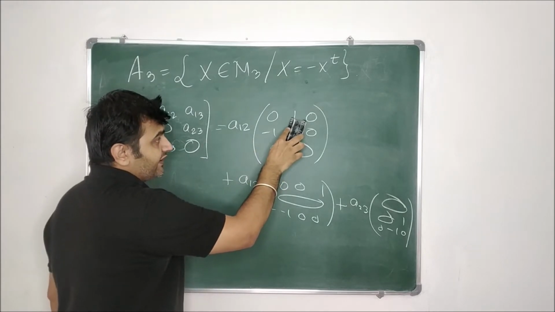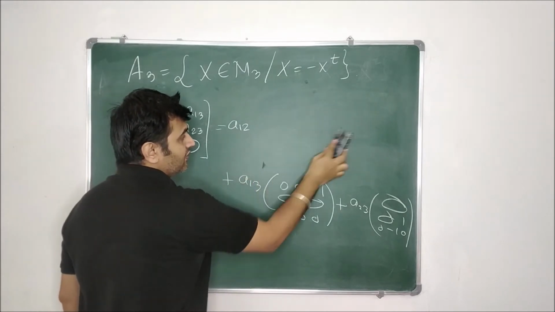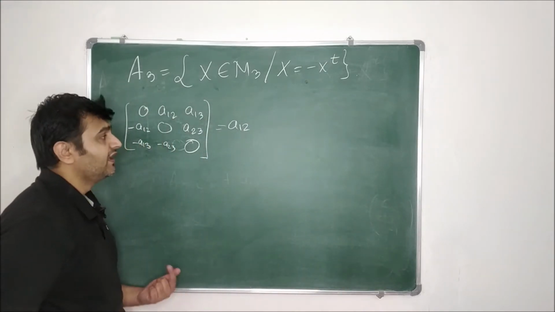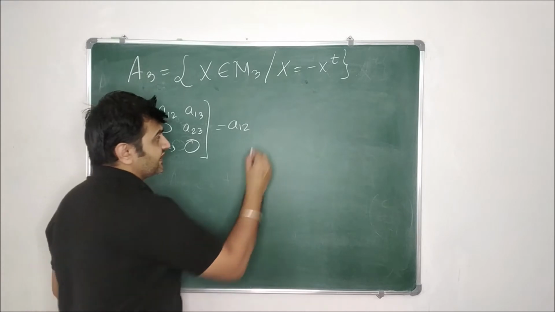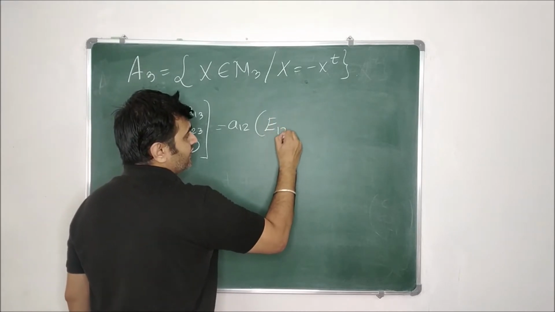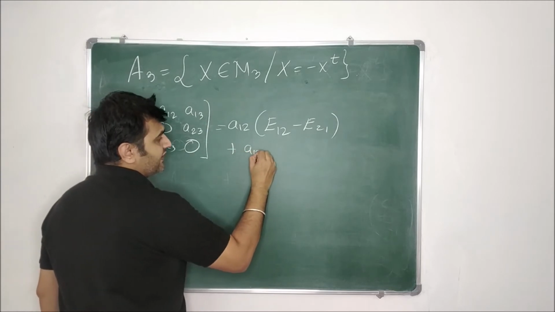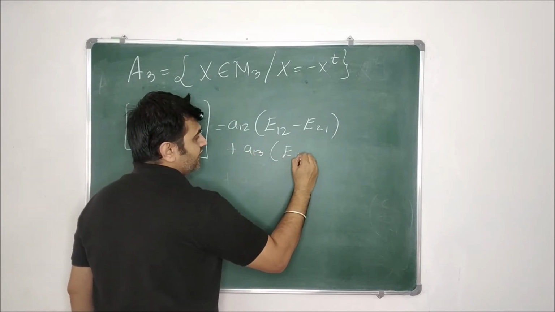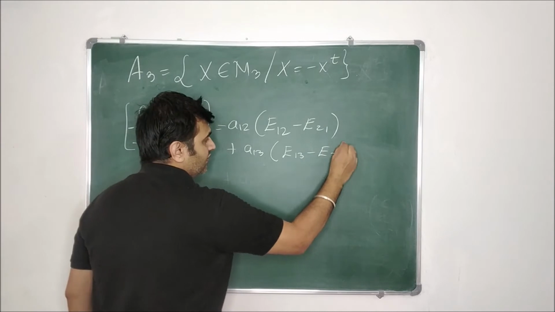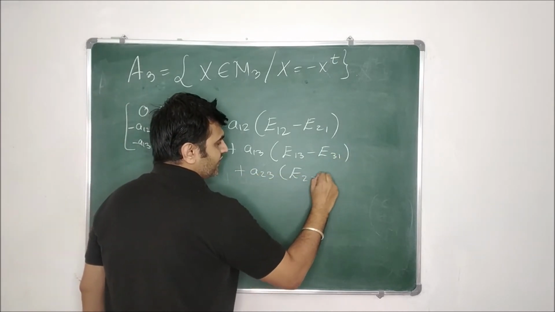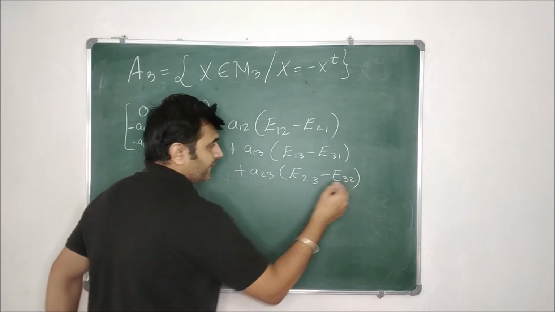What is this? E12 minus E21. In symmetric matrices there was an addition sign; here in skew symmetric you have a subtraction sign. So A12 into E12 minus E21, plus A13 into E13 minus E31, plus A23 into E23 minus E32.